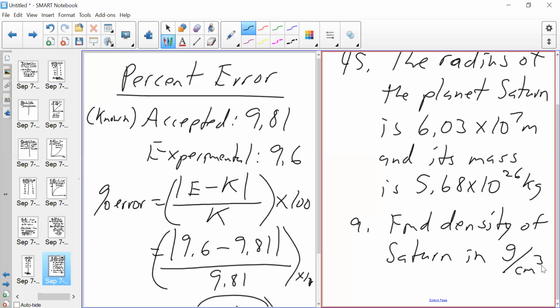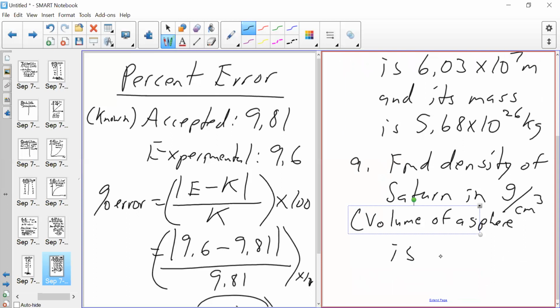We're going to do some fancy conversions, because remember, we don't want kilograms per cubic meter. That would be the easy part. So we need to convert kilograms to grams, and meters cubed to centimeters cubed. You guys are working it out. Remember, volume of a sphere is 4/3 pi r cubed.